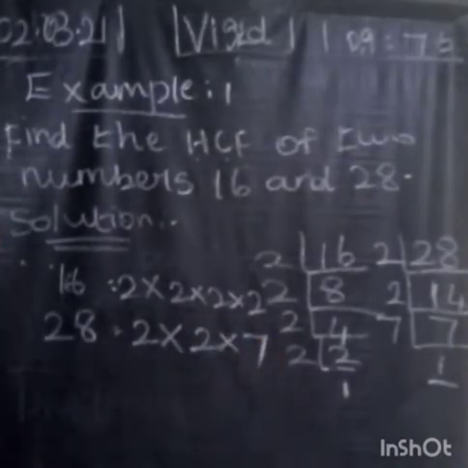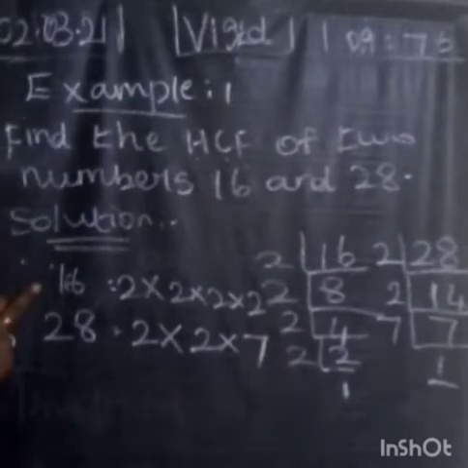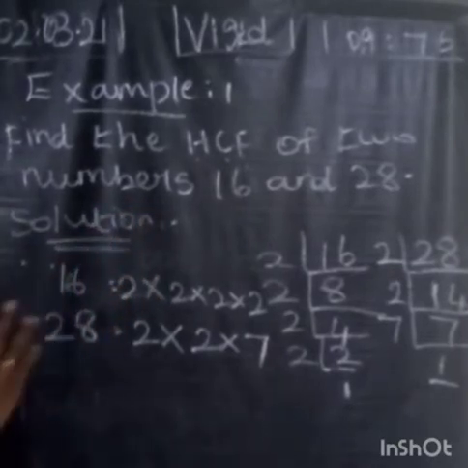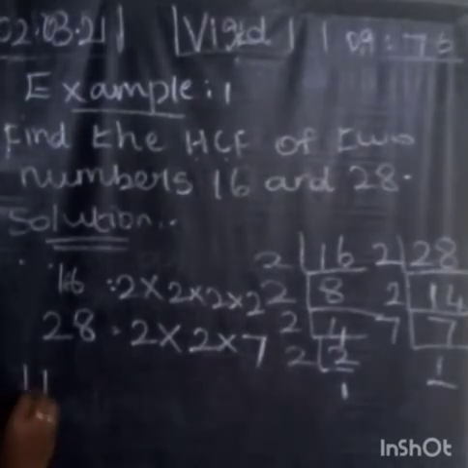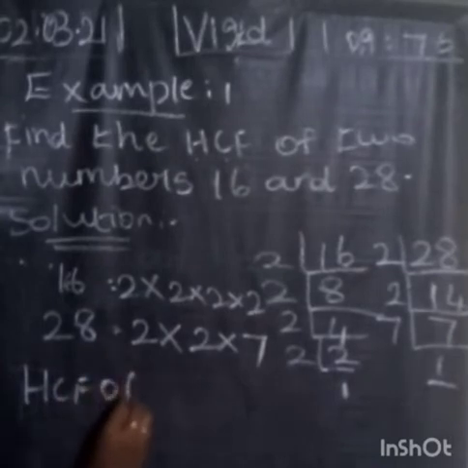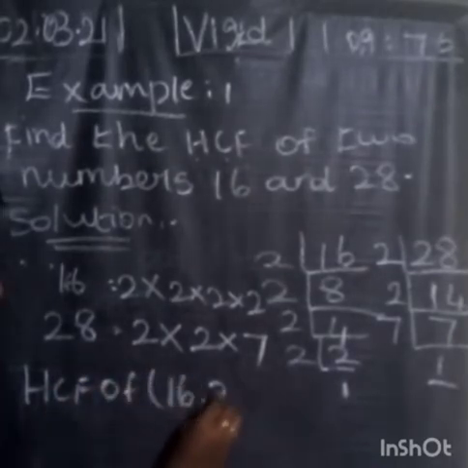Before we find the HCF, we first have to find the prime factorization of the given numbers, 16 and 28. Next, the HCF of 16 comma 28.